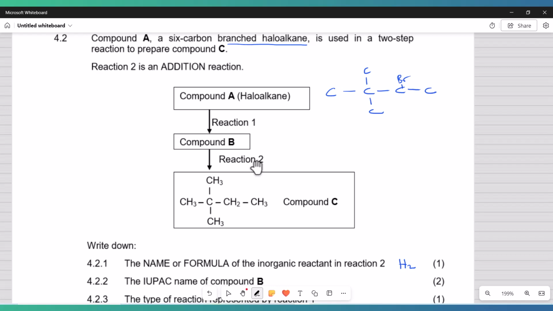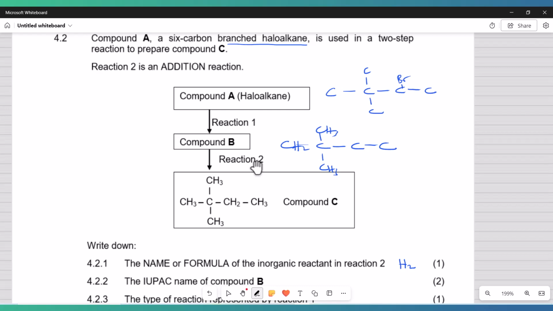So from here, we can get our clue from something like this. Remember these branches here, we have them here as well. This is a methyl, and also here we have a methyl branch, and a methyl branch here as well.